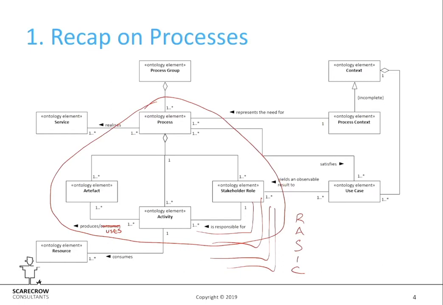You could have those that are responsible for carrying it out, those that are accountable to make sure it's been carried out correctly, stakeholder roles that support the carrying out of that activity, stakeholder roles that have to be informed that that activity is underway, or it's been completed, and those that have to be consulted as part of carrying out that activity.